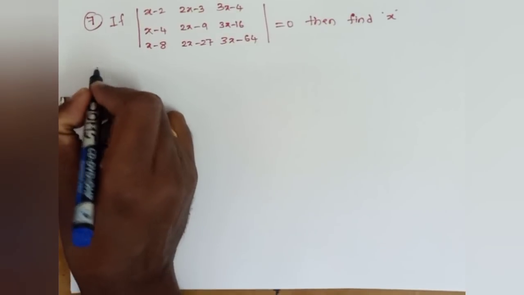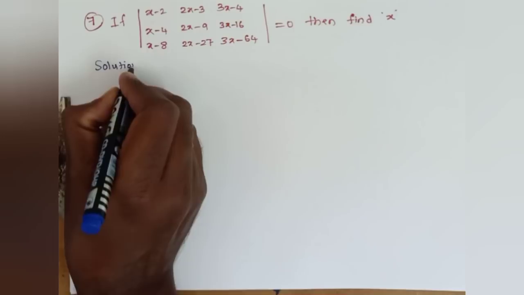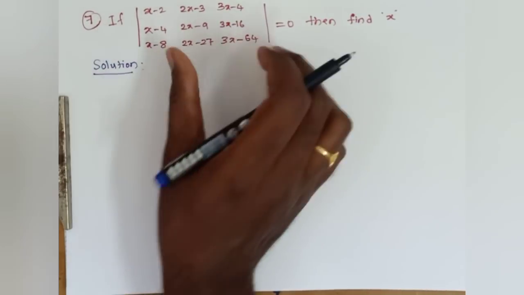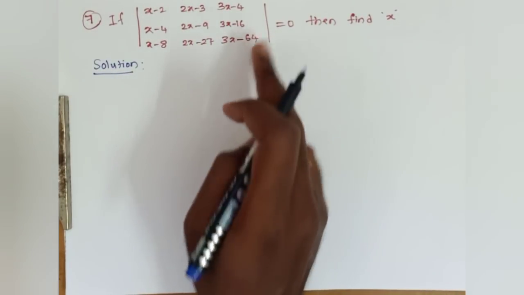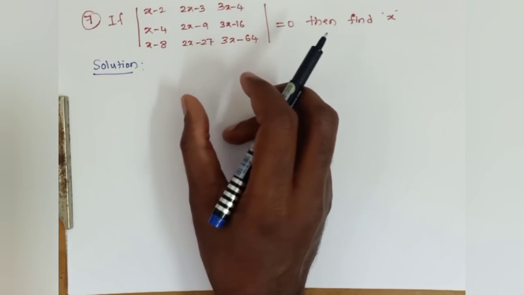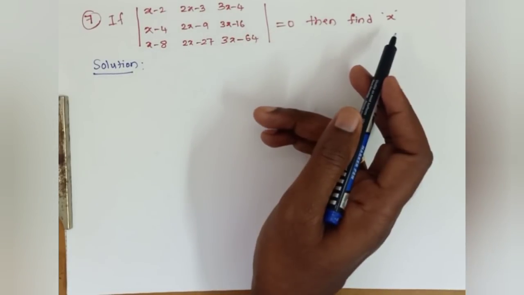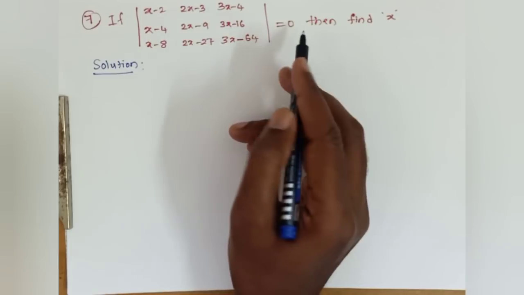See the solution. The given problem is an equation. So try to simplify this determinant into equation form, so that we may get the value of x by equating this to 0.